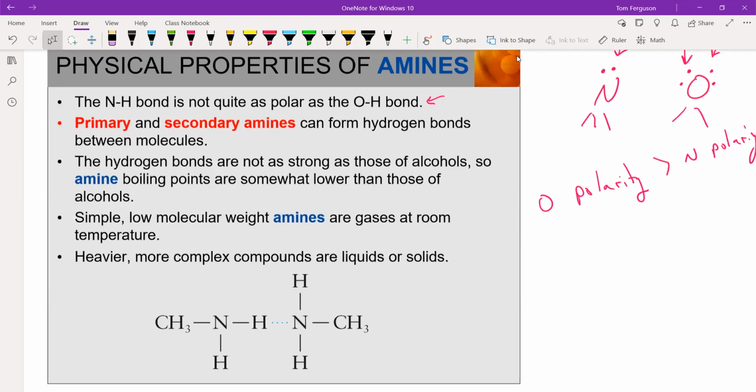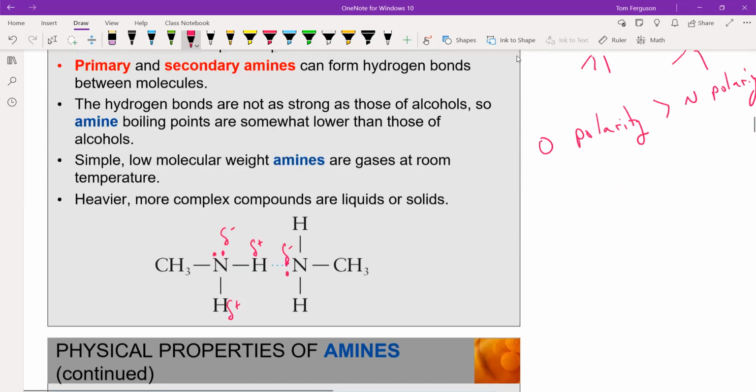Nitrogen compounds generally are soluble in water because of the hydrogen bonding. Okay, so this nitrogen, just like the oxygen, was partially negative, making these hydrogens partially positive. And since this is partially negative, that's where the attraction comes in.